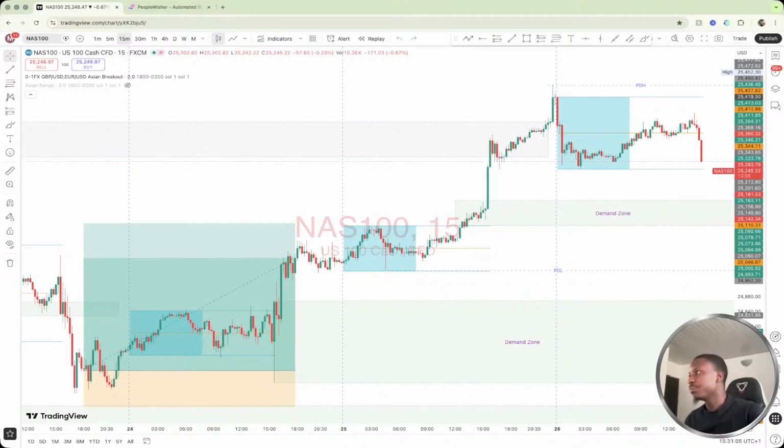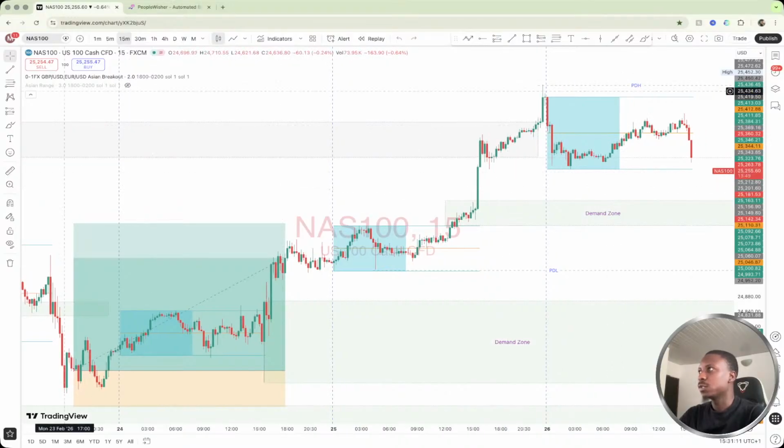If NASDAQ takes the previous day low and the Asian low, it should tap into the demand zone, and if it can tap into the demand zone, then we should be able to find our trading opportunity from here.